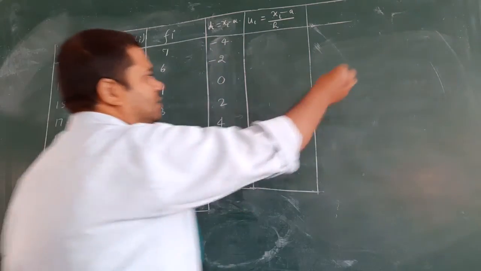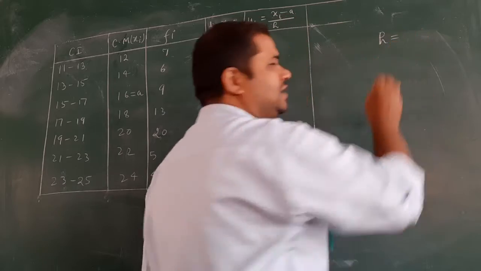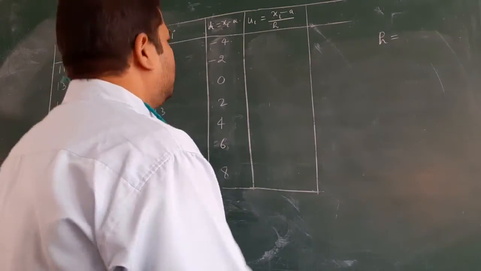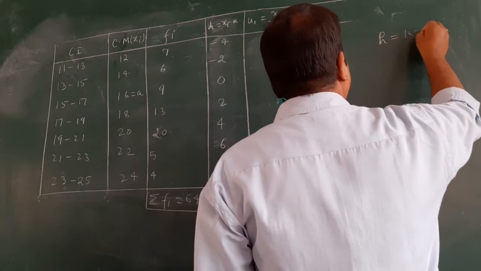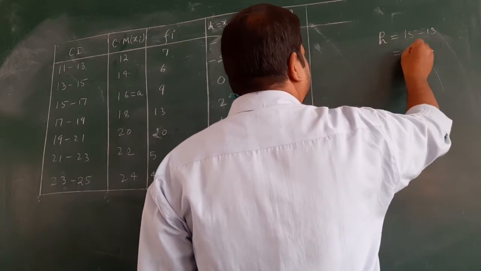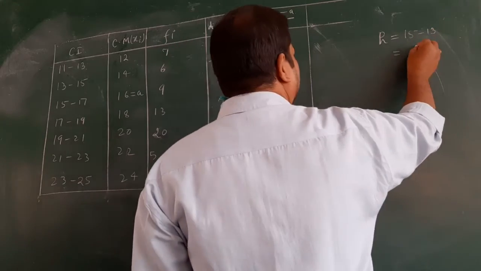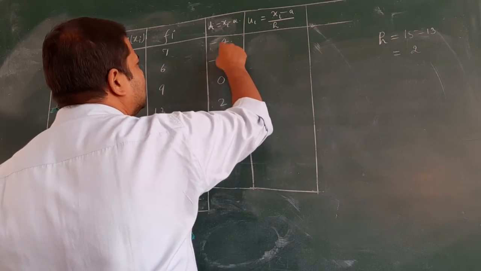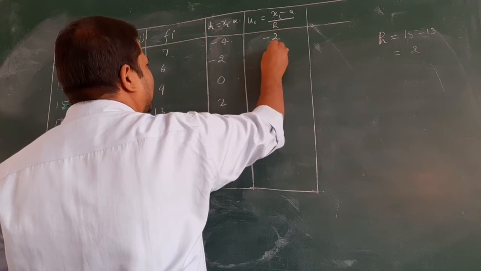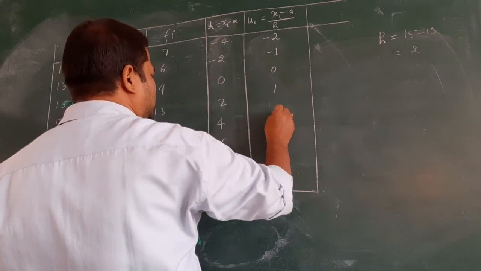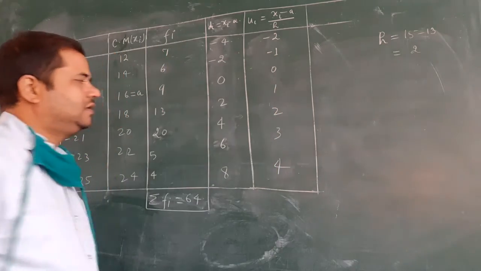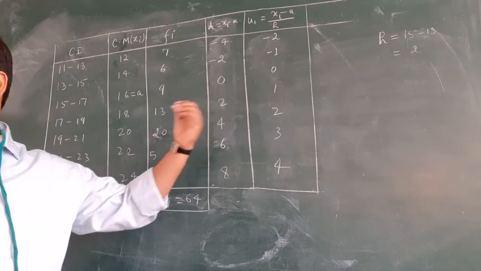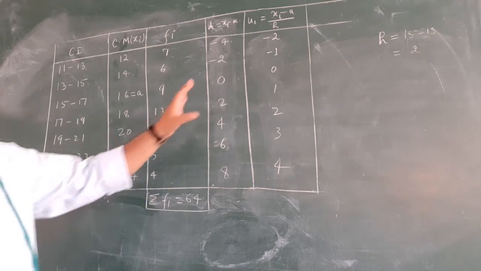Now what is h? h is nothing but the class size, and the class size is 2: 15 minus 13, or any upper limit minus lower limit, you will get 2. So di divided by 2 gives ui: minus 2, minus 1, 0, 1, 2, 3, 4. Make the table properly. So this is ui.